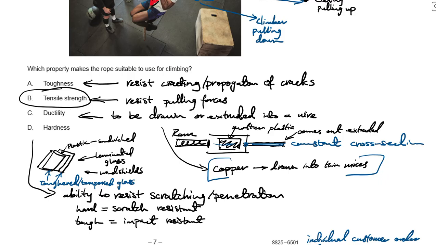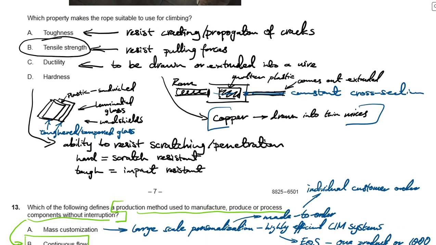Okay, and then we have our hardness. Hardness is our ability to resist scratching and penetration of that material. So again, the example of a smartwatch or a smartphone, we have a phone case, right? Or the covers that we put on top of our phone, screen protectors.